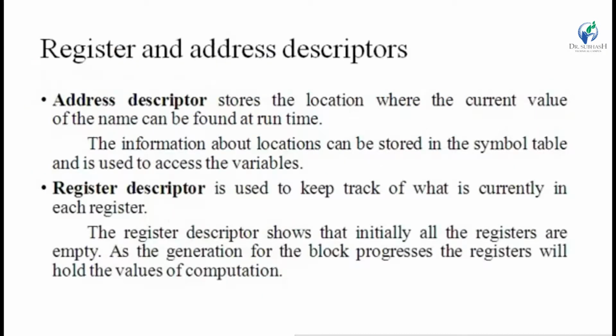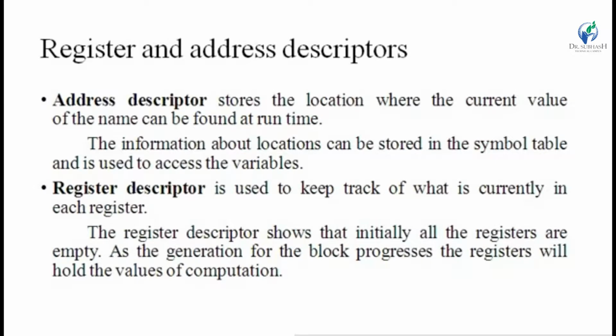Next is register and address descriptors. The code generator algorithm uses descriptors to keep track of register contents and addresses for names. In the address descriptor, it stores the location where the current value of the name can be found at runtime, and the information about location can be stored in the symbol table and is used to access the variables.